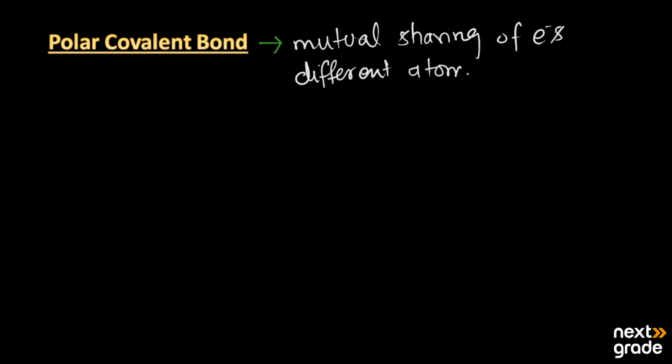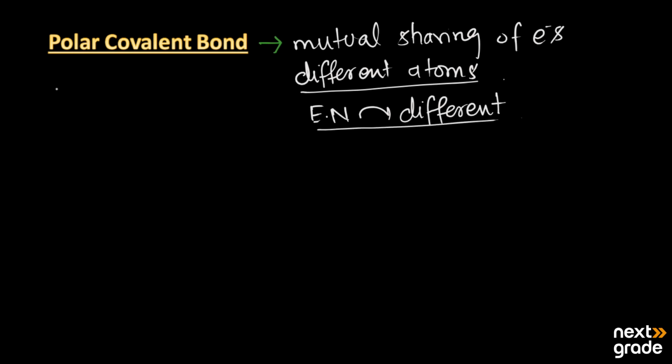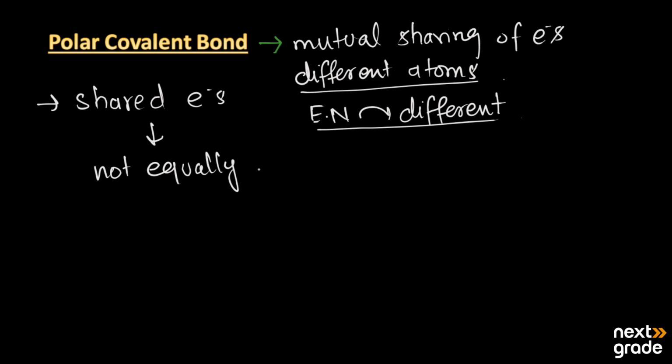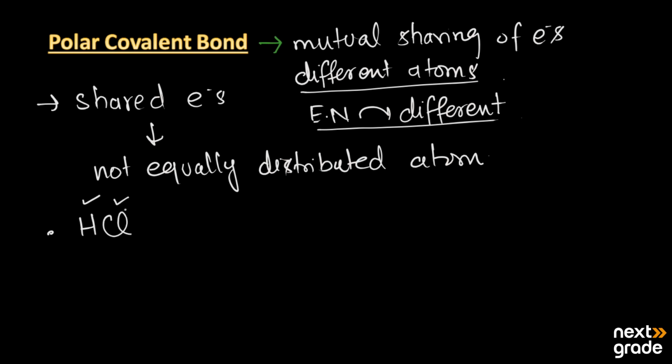If the atoms are different, it means their electronegativity will also be different, and the shared electron pair, or the bonded electron pair, will not be equally distributed between the atoms. For example, the bond in HCl, where one is hydrogen and the other is chlorine.